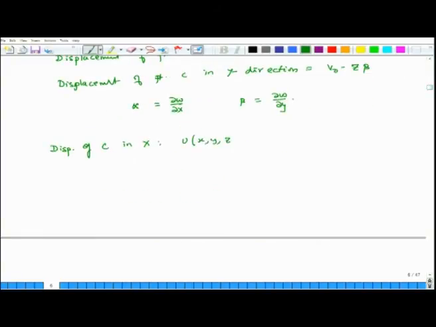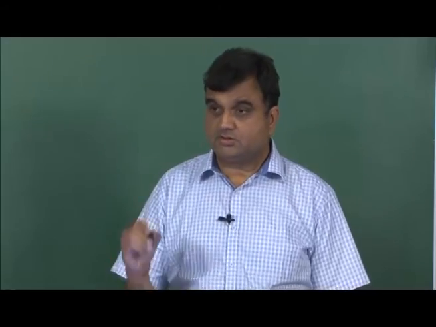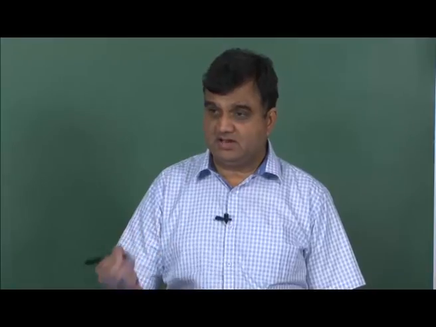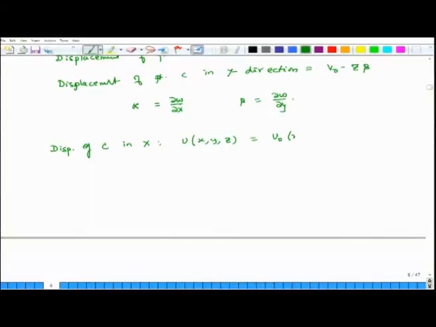So, u(x, y, z) is equal to u naught, and what is u naught? u naught is the displacement of point B, and point B always lies on the midplane. So, when it is lying on the midplane, z is immaterial. So, u naught only changes from point to point. So, u naught is a function of x and y, minus z times del w naught(x, y) divided by del x.